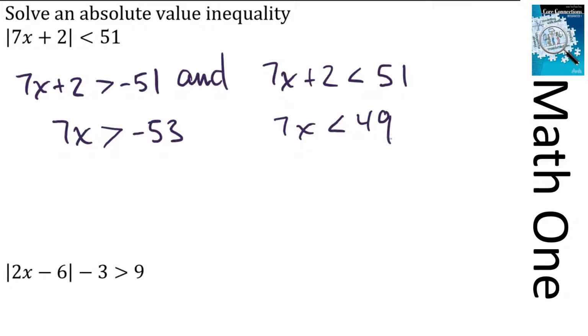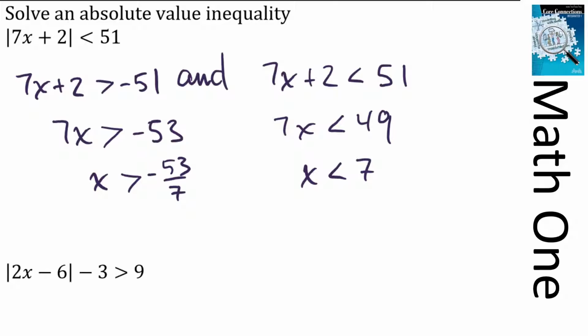I'm sorry, a 49. 51 minus 2 is 49. And that's pretty simple, right? x has to be less than the number 7. On the other side, if I take the negative 53 and divide by 7, I don't think I get a nice number. I just think I'm getting that x is greater than negative 53 sevenths.